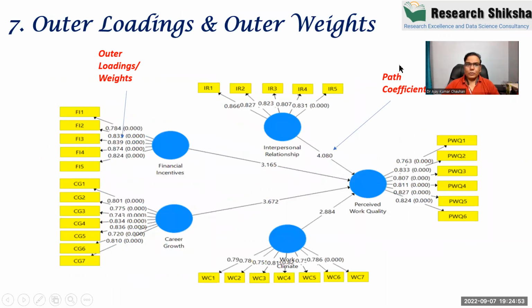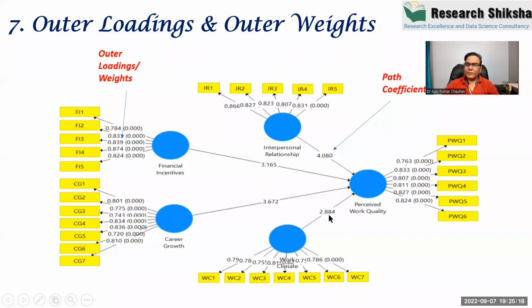If you see this diagram carefully, the numbers 1, 2, 3, and 4 represent the relationship between blue and blue. For example, what is the relationship between interpersonal relationship and perceived work quality? It is represented by these numbers.